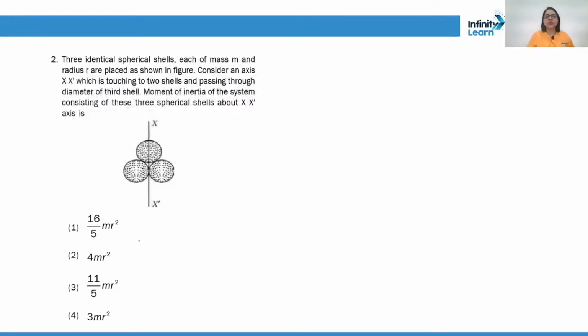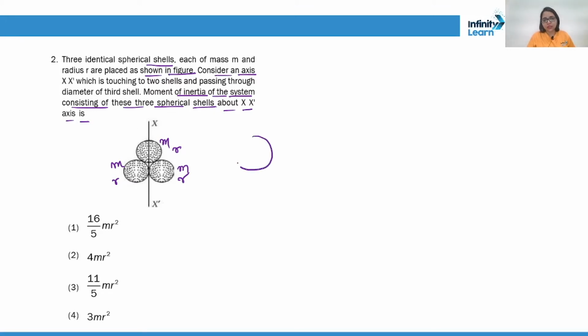Question number 2. Three identical spherical shells, each of mass m and radius r, are placed as shown in the figure. Consider an axis xx dash which is touching two shells and passing through the diameter of the third shell. Moment of inertia of the system consisting of these three spherical shells about xx dash axis is.